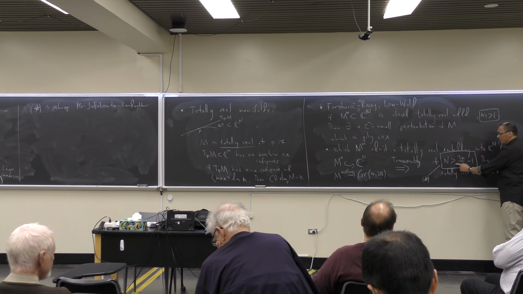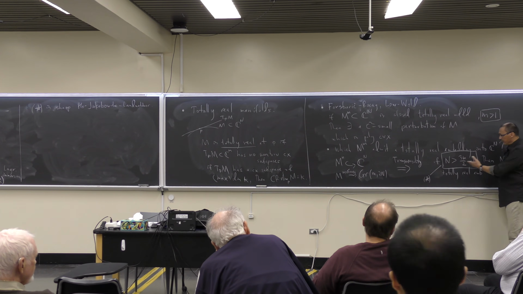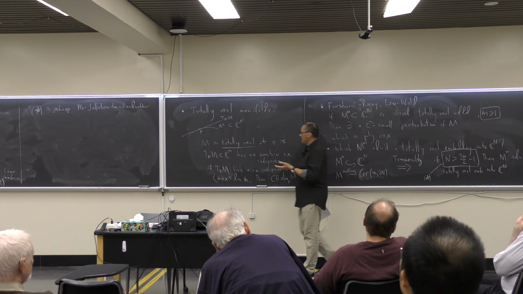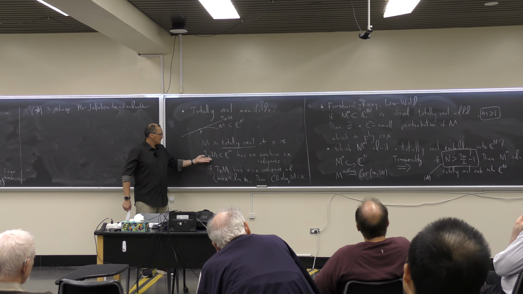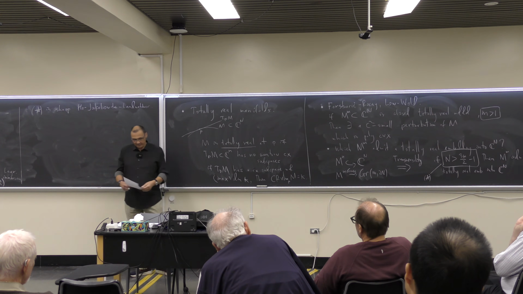And so if we want to improve this inequality, we necessarily must admit CR singularities. We must admit sets on the manifold in the embedding where the tangent space will contain complex directions. These are what I will call CR singularities.